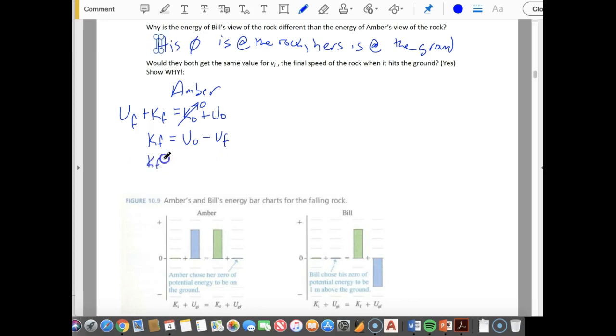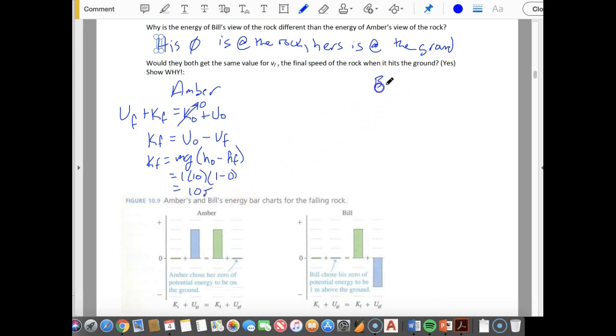So the final kinetic energy is mg times the original height minus the final height. Plugging in our numbers, this is 1 times 10 times (1 minus 0), and so our final kinetic energy is 10 joules.